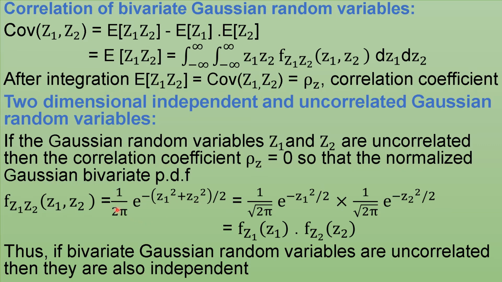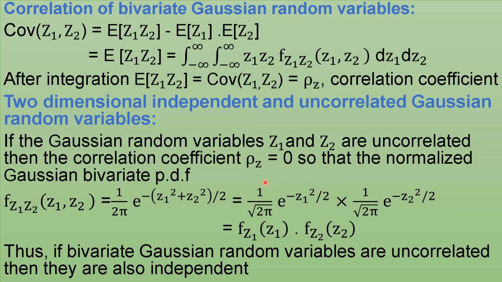So it is 1 by root 2 pi into e power minus z1 square by 2, into the remaining 1 by root 2 pi into e power minus z2 square by 2.